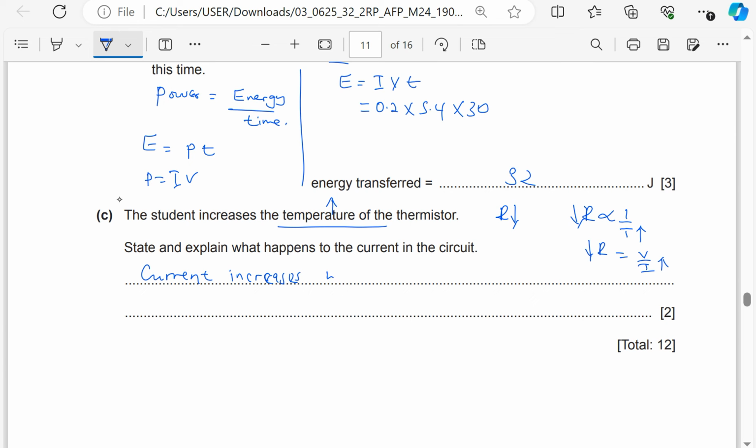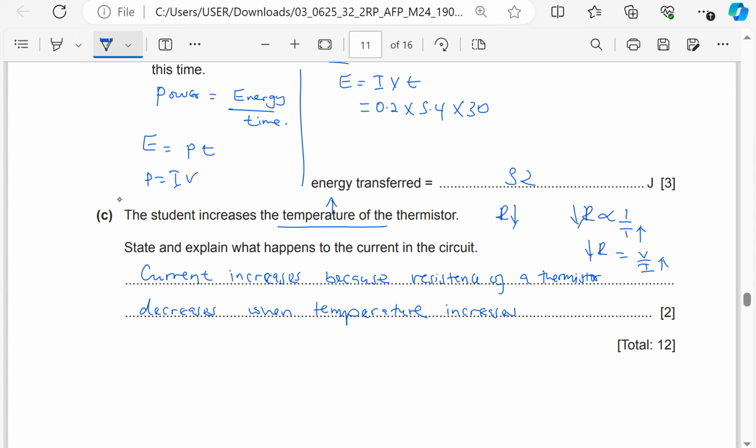The reason, I'll say, because resistance of a thermistor decreases when temperature increases.